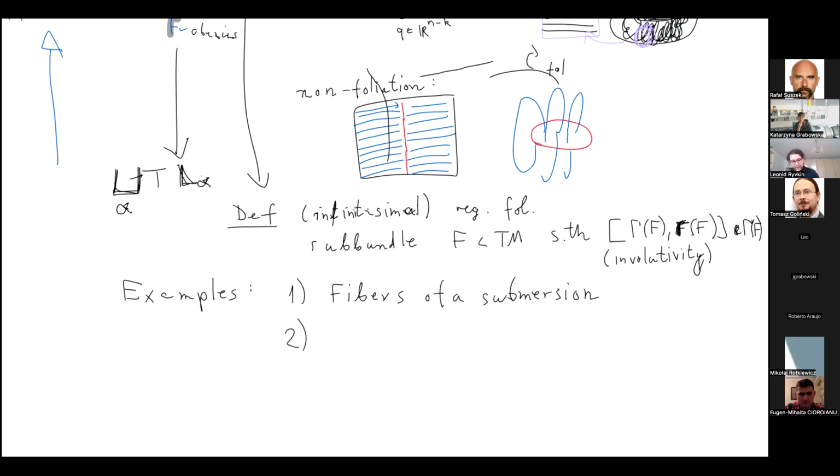Then we could look at the horizontal vectors for a flat connection on a vector bundle.